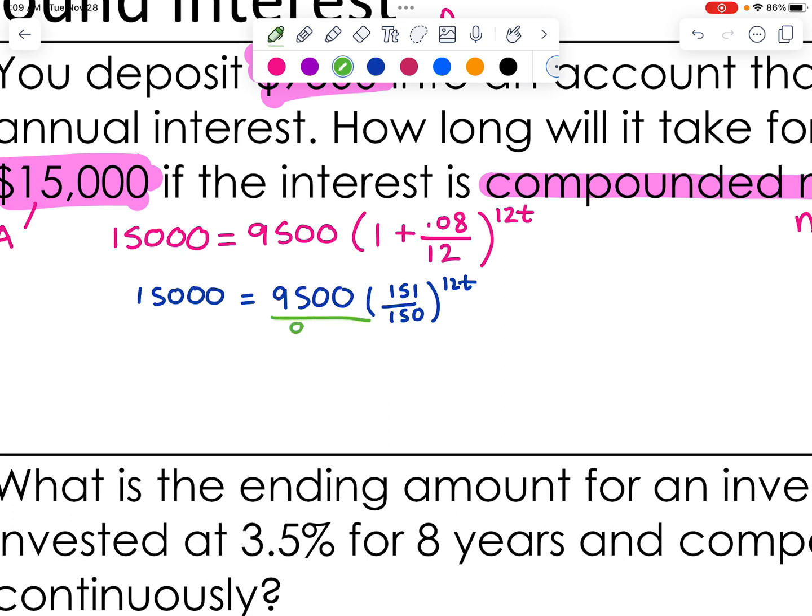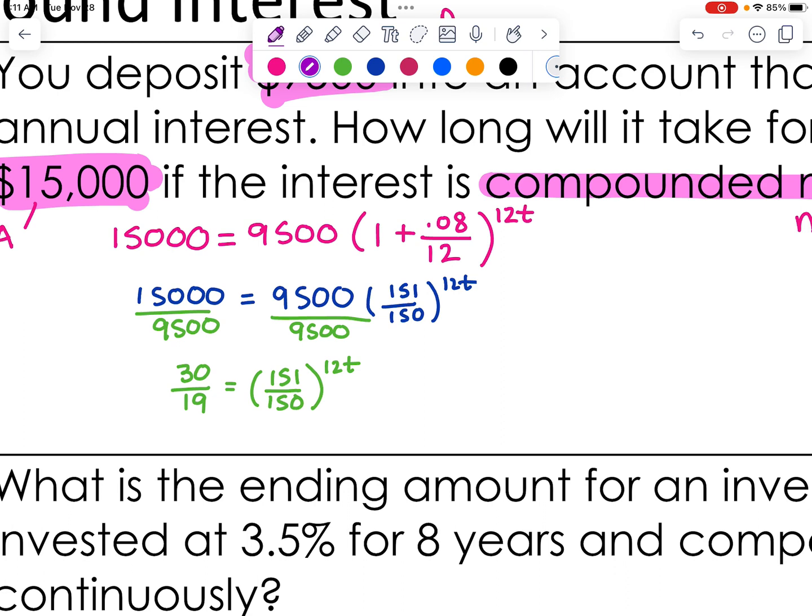So dividing both sides by 9,500, I get 30 over 19 equals 151 over 150 raised to the 12t power.